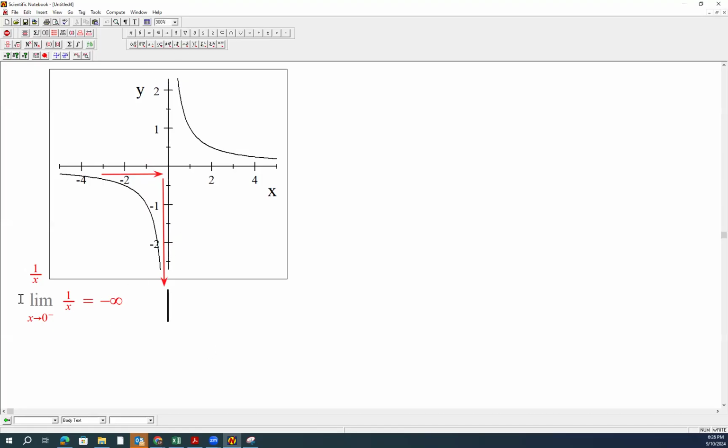Secondly, what if we approach 0 from greater than 0? So that's the other direction. When x is approaching 0 from larger than 0, that's this limit, and the output is going to approach positive infinity.